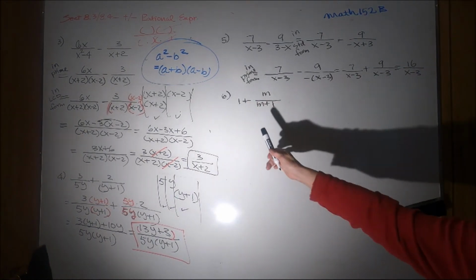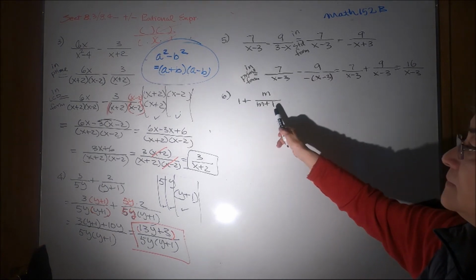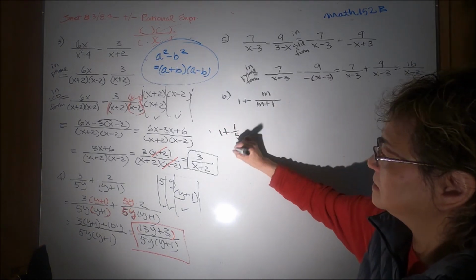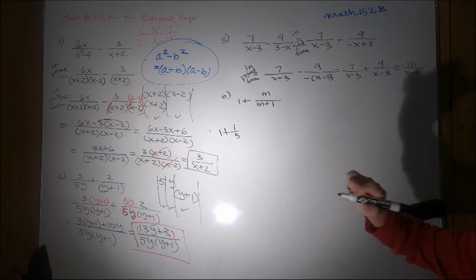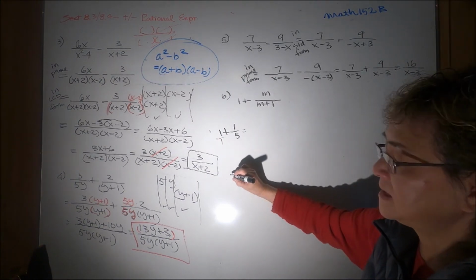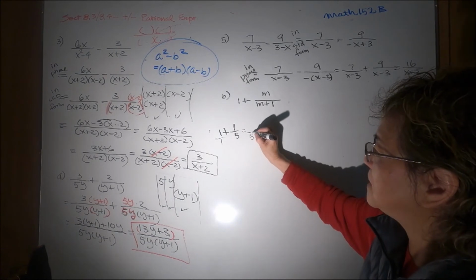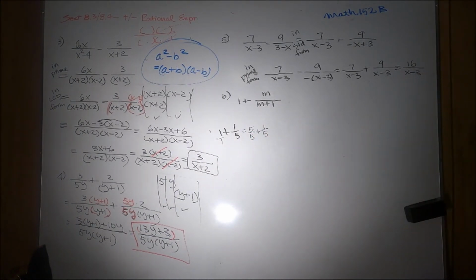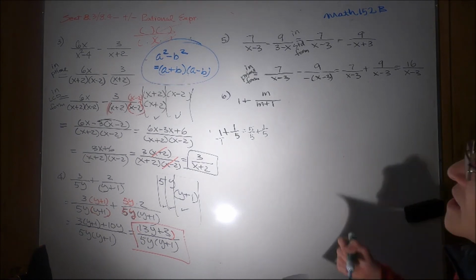So this one is just one number plus some fractions. If we do 1 plus 1/5, how do we do it? You will put a 1 underneath, right? Then make the same denominator. Then you combine the numerators. Same thing for the rational expressions.